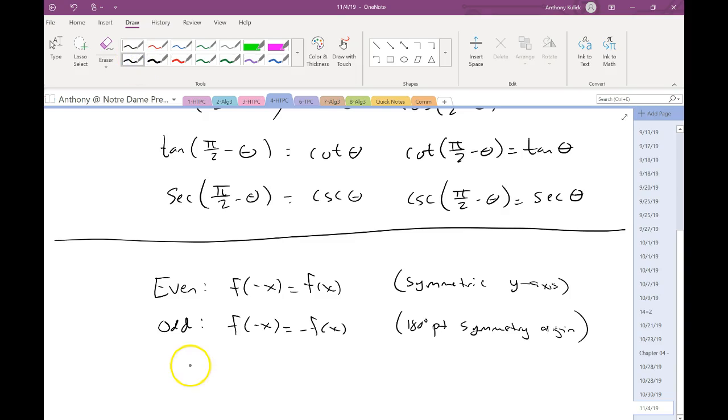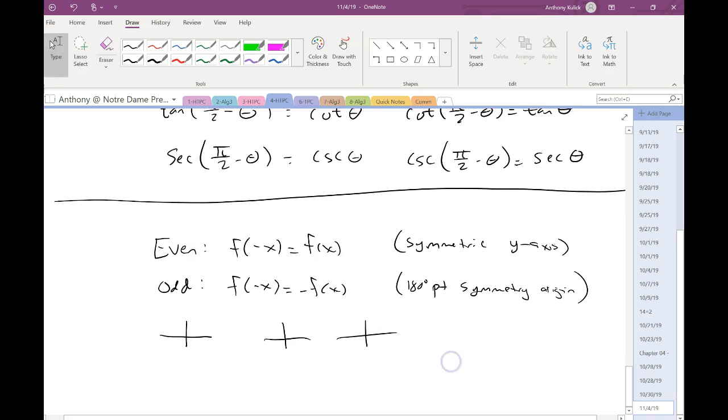Well, let's think back about the graphs of sine, cosine, and tangent. So what kind of function is cosine?